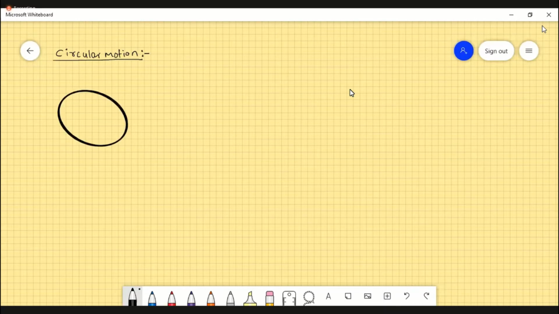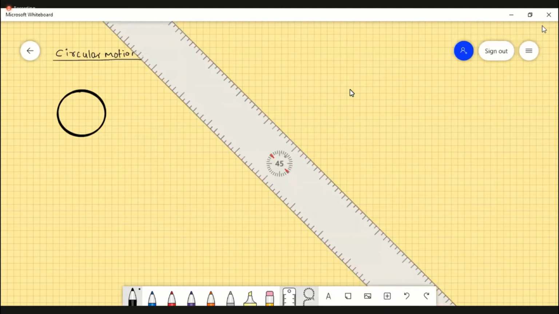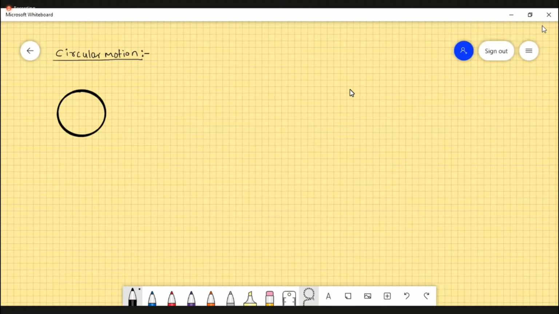I'm not able to draw a circle. So this is one circle. If a particle is rotating in a circular orbit, what are the things that will come?